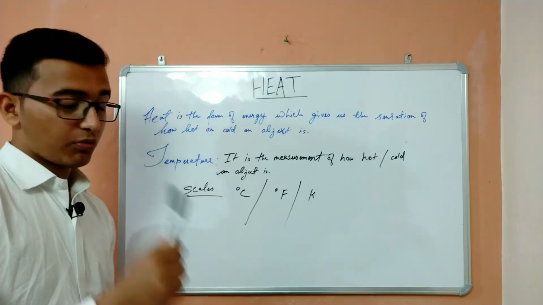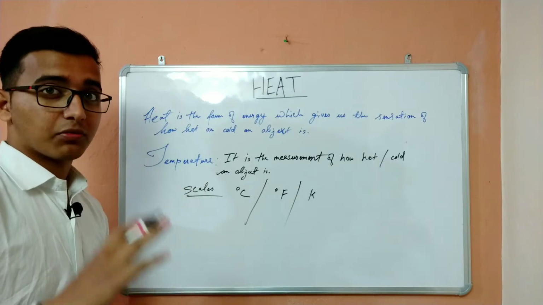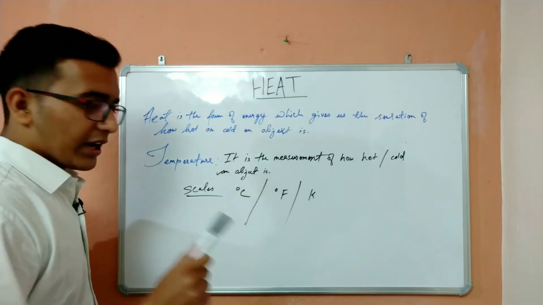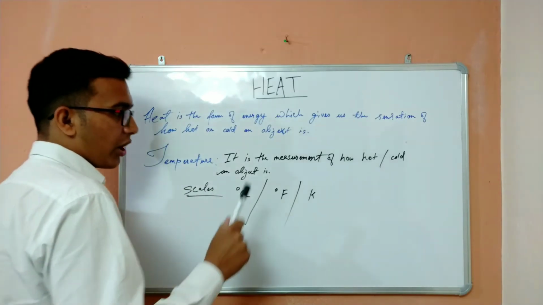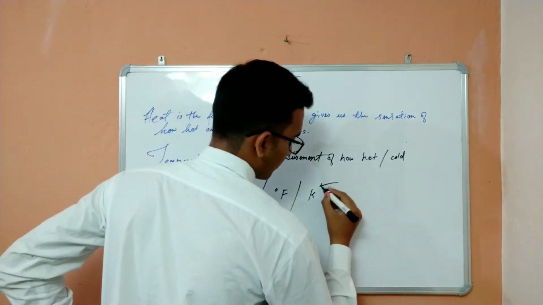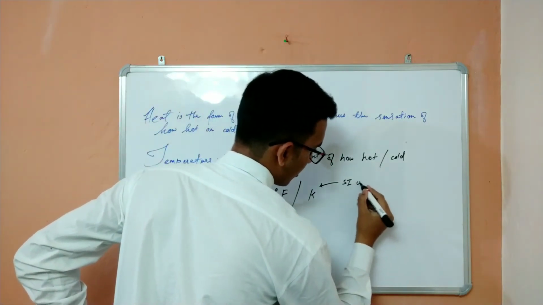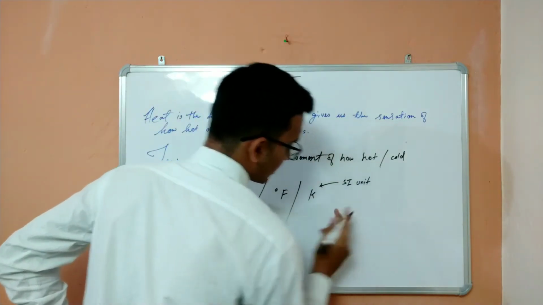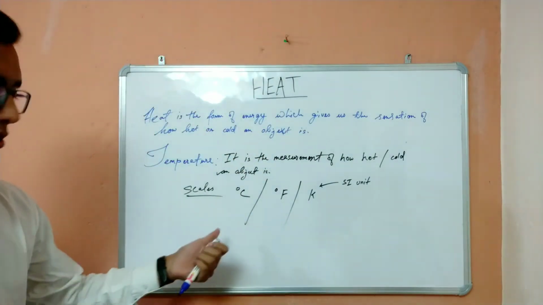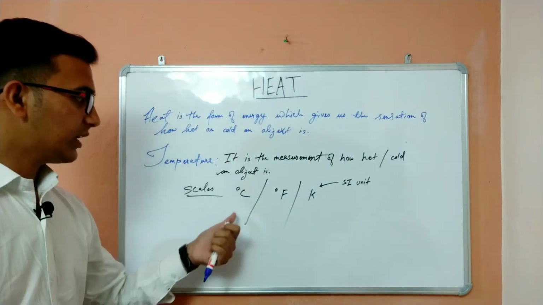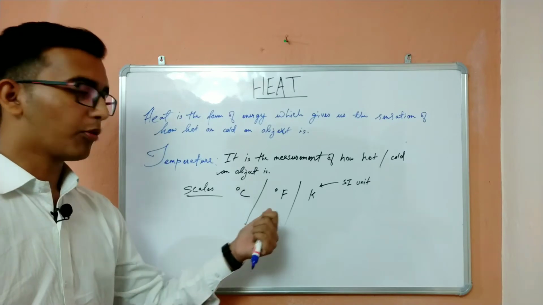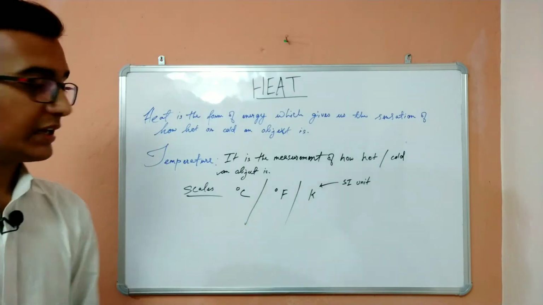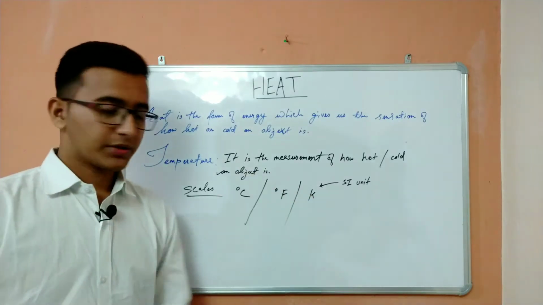In that video you can watch about what the SI units are, what units are. So right now the SI unit of temperature is Kelvin. So it is internationally accepted. Although these are also used, in India we generally use degree Celsius, in European countries they generally use Fahrenheit, but we all know about it.